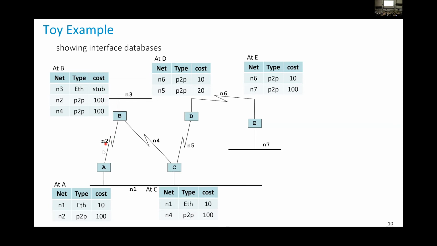Otherwise, there are ports, like N2 and N4, on which you expect to see other routers. And then you give them a cost, because you will compute shortest path routing. It's very much like the spanning tree protocol. You can give the cost you want. Otherwise, there are default rules that give costs that are larger to technologies that have smaller bit rate. So at the beginning, every router knows only this here.